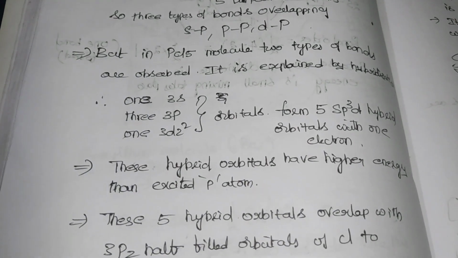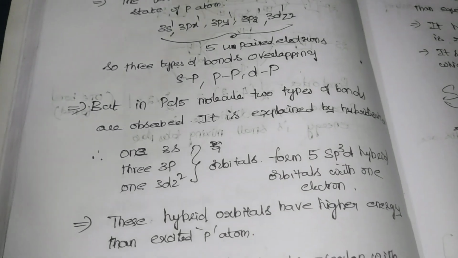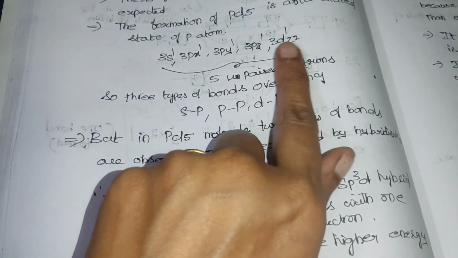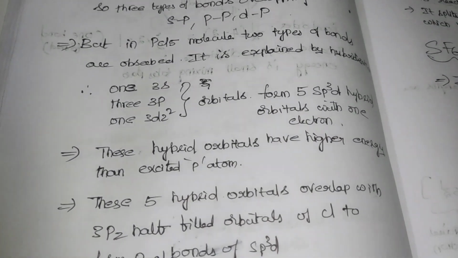These hybrid orbitals have higher energy than the excited P atom's atomic orbitals, which have lower energy than the hybrid orbitals. After the hybrid orbitals are formed, they have high energy.